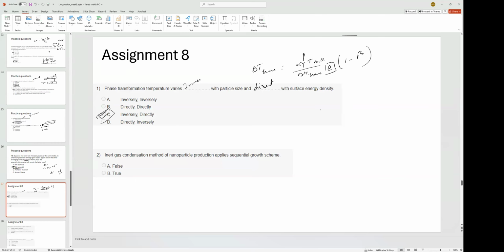The inert gas condensation method of nanoparticle production applies a sequential growth scheme. Remember the figure.